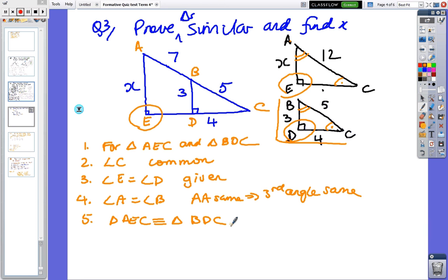Nope, we've got to find x. So x matches up with the 3 as corresponding, and the ratio, scale factor, will be 5 and 12. Okay, so 12 over 5 equals the scale factor.